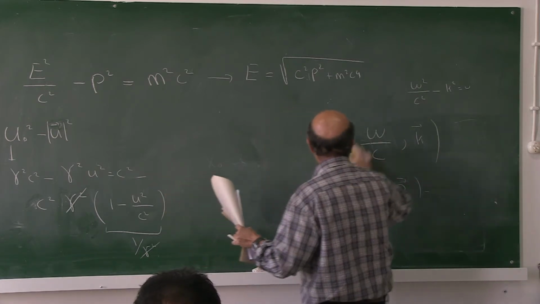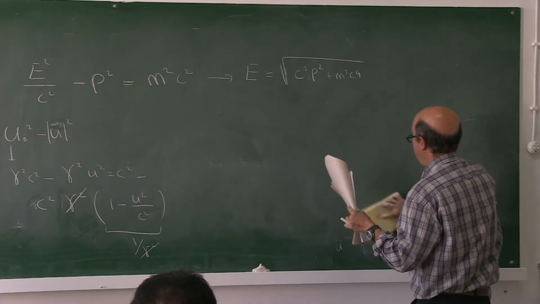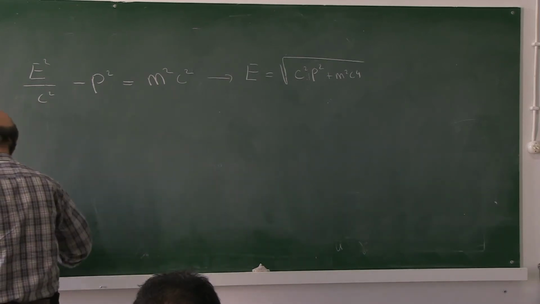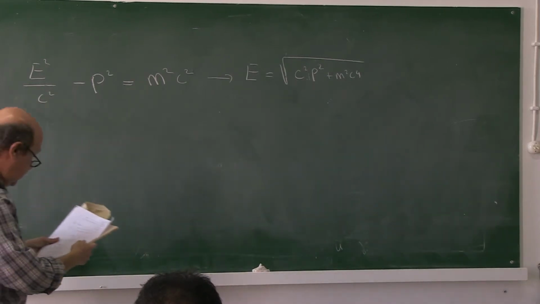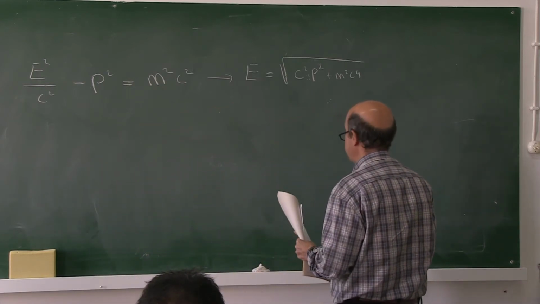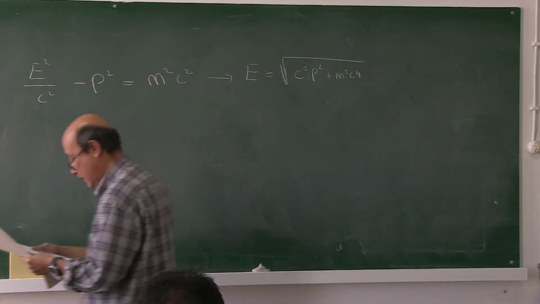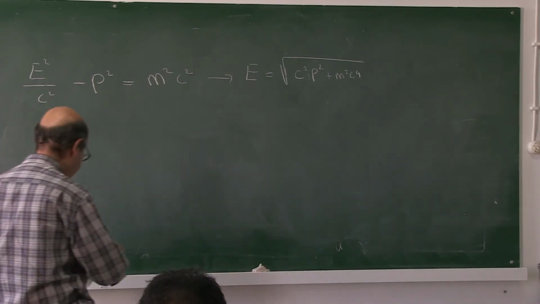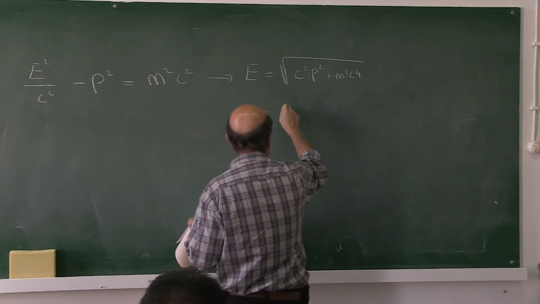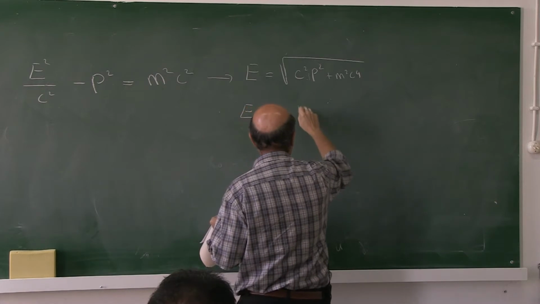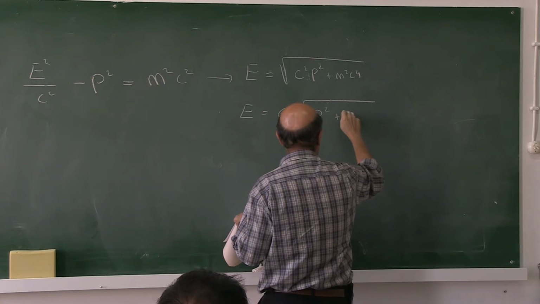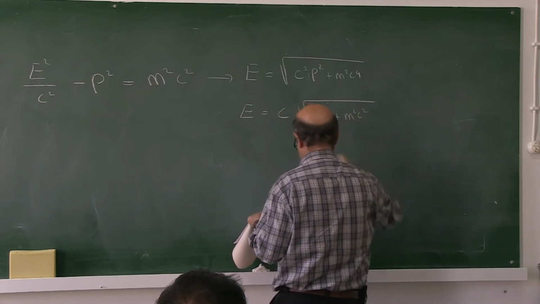Now let us look at what will happen at low speeds. The situation is the following. This is the energy. Take the C outside: square root of P square plus M square C square.